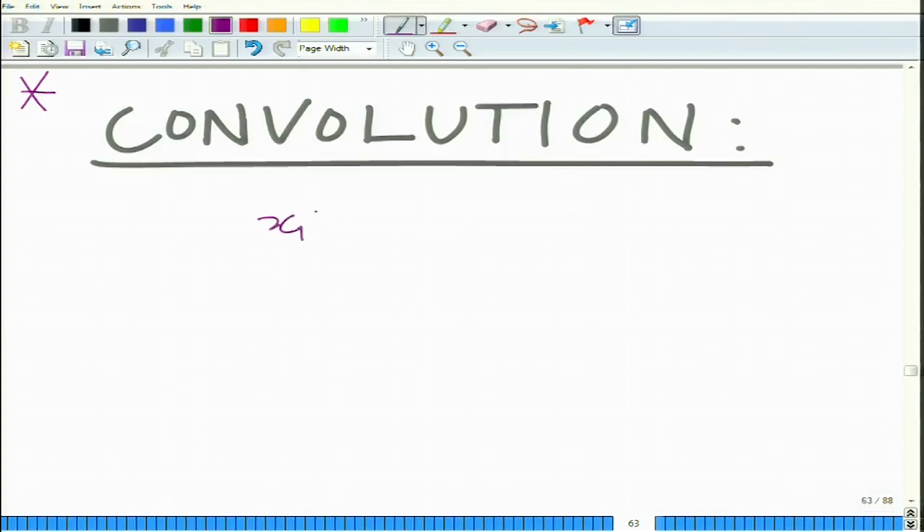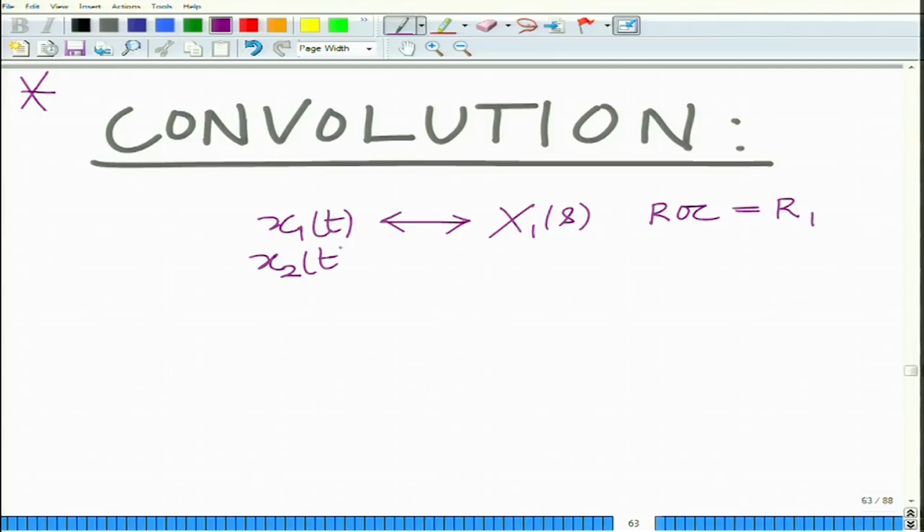So, let us say I have two signals: x1(t), which has Laplace transform x1(s) with ROC equals R1, and x2(t) with Laplace transform x2(s) and ROC equals R2.